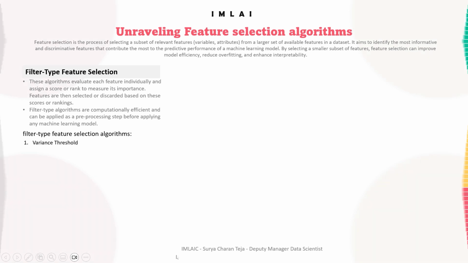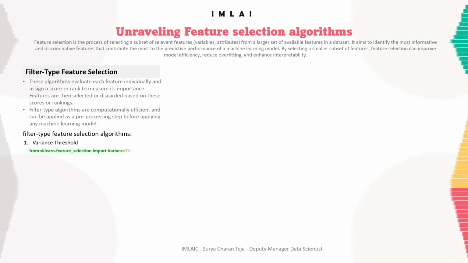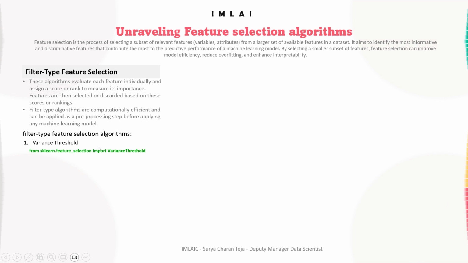The variance threshold method removes low variance features that have little or no predictive power. How do we use this method? We can use the sklearn library and the feature selection package and import the variance threshold module.